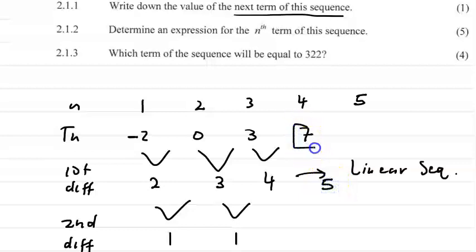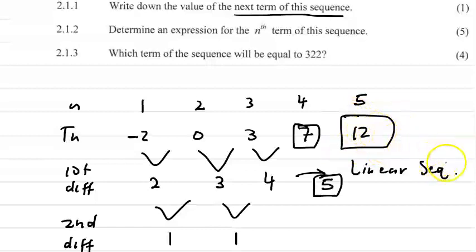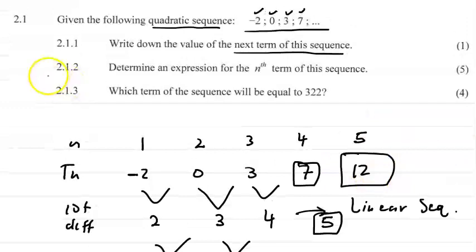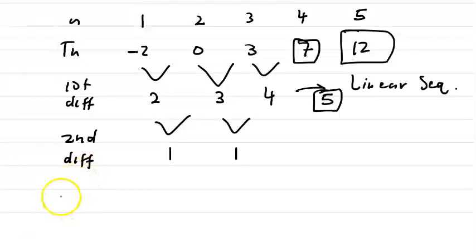So you'll get 7 plus 5, which equals 12. Therefore, term number 5, or the next term in the sequence, will be 12. So the answer for 2.1.1 will be 12. Let's write that down. So it will be 2.1.1, and the next term is equal to 12.